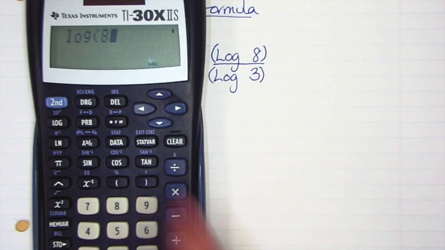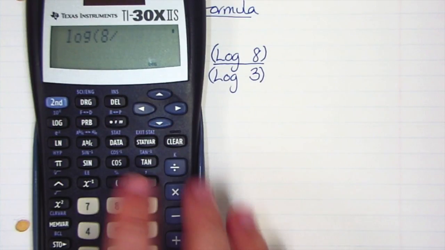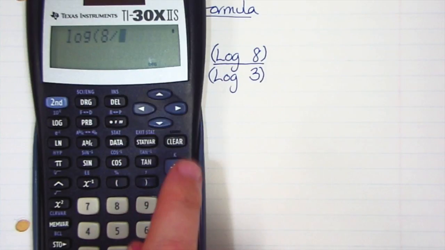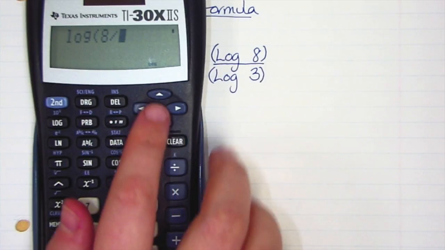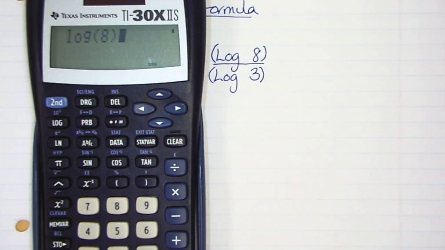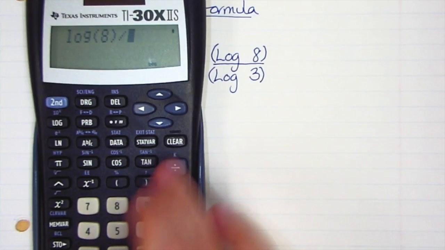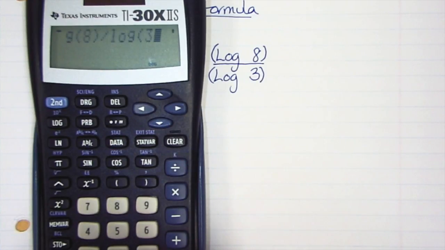When you tell it what to take a log of, you have to close the parentheses around it. Otherwise, what you say to the calculator is that you want to take a log of 8 divided by log of 3, which is a very different calculation. So just remember to close the parentheses around that, and then you hit divided by log of 3. And you close the parentheses.